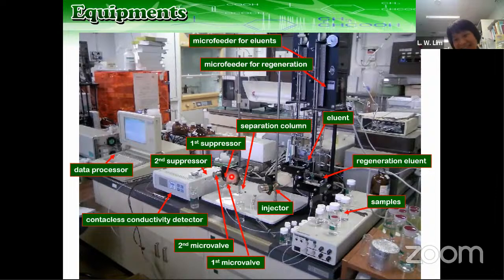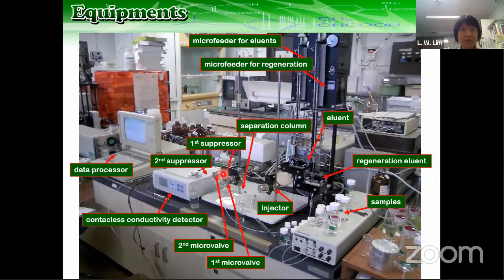This is another system, because we want to use the suppressor at the same time when we want to use the detection. Usually if you connect the suppressor after the separation column, after some separation the suppressor will be full, because you have to suppress the background.